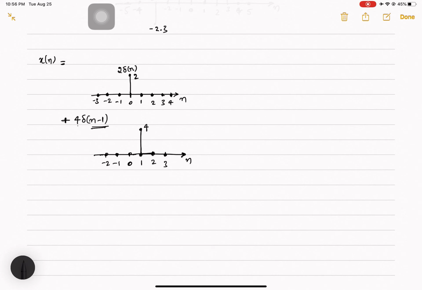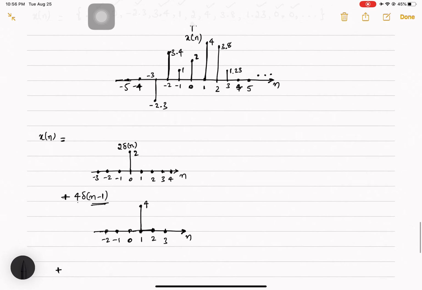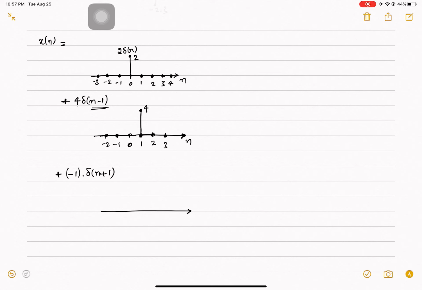Okay, now similarly to this, I'm going to add one on the left, at -1. So this will be 1 times delta n plus 1. Now this delta n plus 1 exists at n equal to -1 because n plus 1 equal to 0 is when the function exists. So n plus 1 equal to 0 means n equal to -1. Okay, so if I draw this, I have a -1, I have a 0 here.